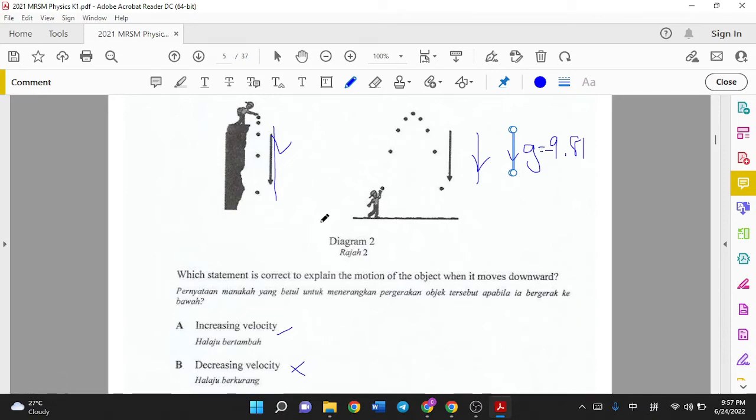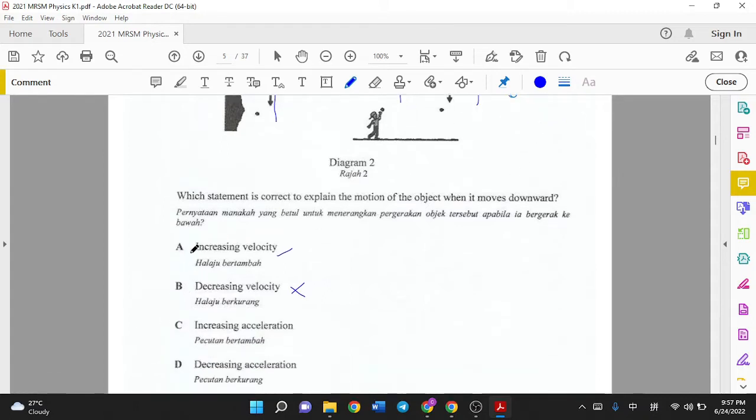But if your object is thrown upward, opposite to your gravitational acceleration, then your velocity should be decreasing because your velocity is in opposite direction to the gravitational acceleration. So in this case, your answer should be A.